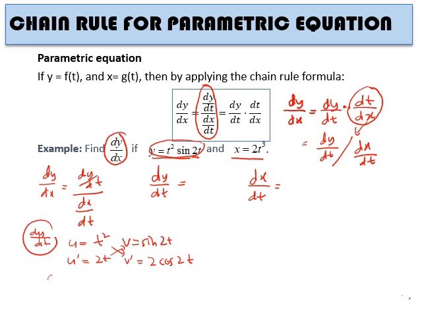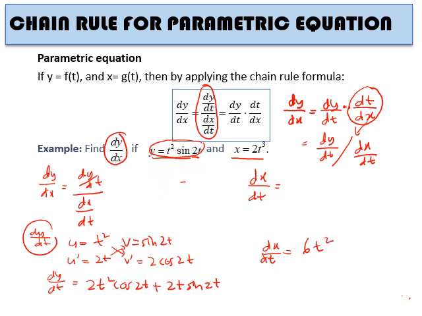So dy over dt is equal to 2t squared cos 2t plus 2t sine 2t. And then your dx over dt is straightforward, so you get 6t to the power 2.